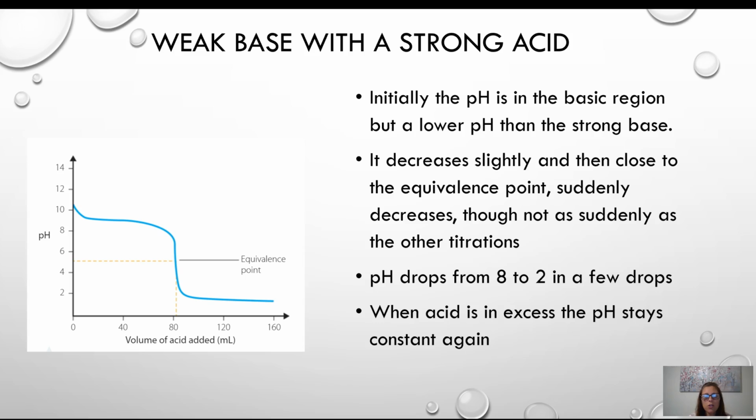And again, you can see here that it levels off at the bottom. It flattens out again, and we now have hydrogen ions in concentration, and depending on what acid it is, it's sitting at about a pH of 1, which is where you would expect a strong acid to be.